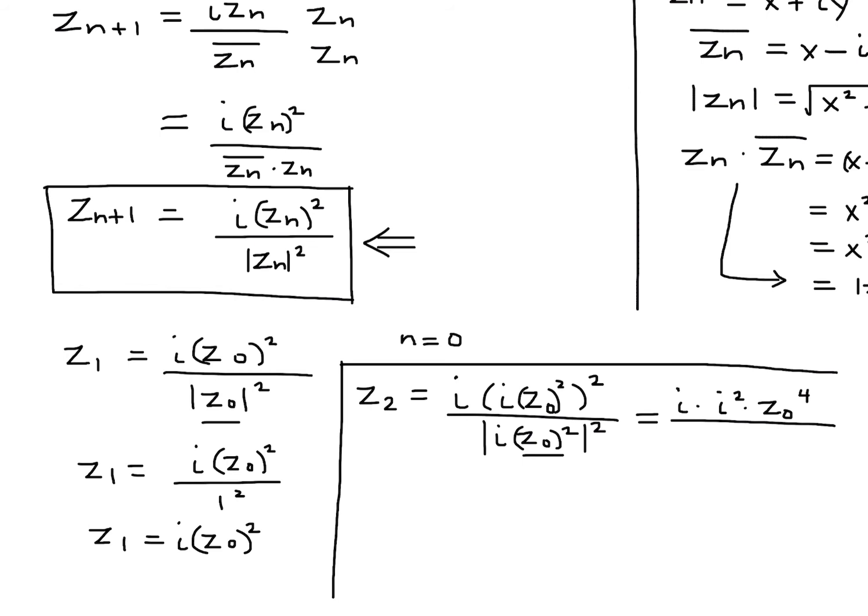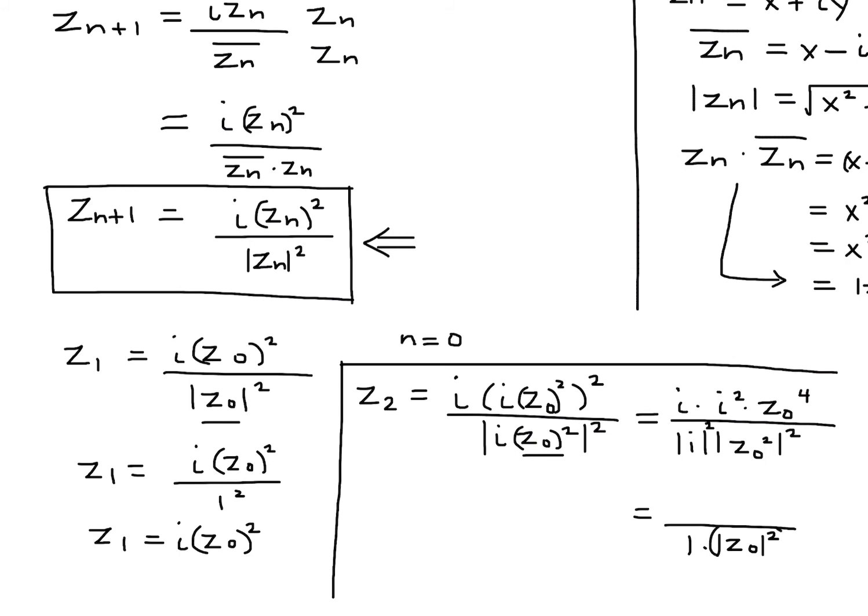This denominator here might cause a little bit of confusion, but if you are familiar with the properties of complex numbers, you'll be able to figure this out pretty quickly. This breaks up into the magnitude of i times the magnitude of z0 squared, and then that squared, and then the magnitude of i is 1, so 1 squared is just 1, and then z0 squared, you can put it outside like that.